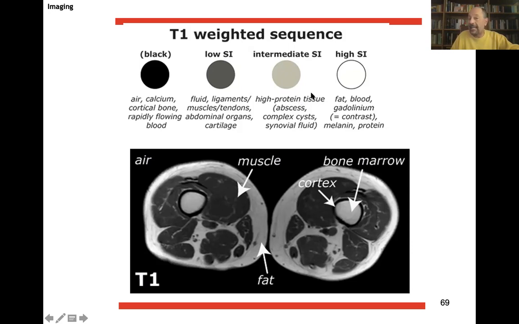High protein tissue will be gray, and fluid will be more on the black region. So you see how the air will be essentially all black, but you see clearly the muscle, you see very clearly the fat, and you see the cortex. Let's say this is the bone marrow, and this is the fluid surrounding the bone marrow.